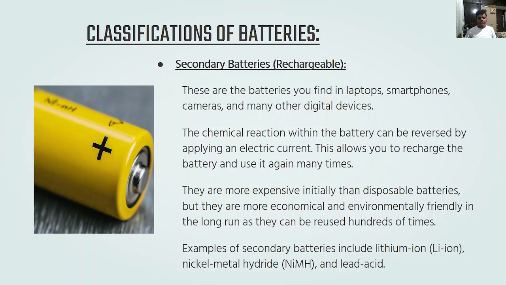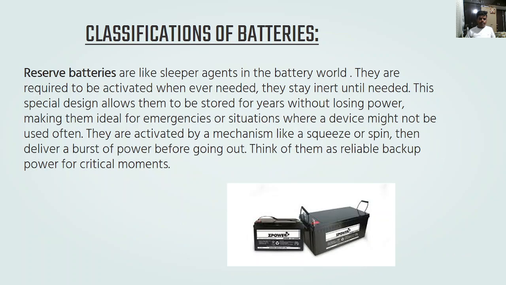This allows you to recharge the battery and use it again many times. They are more expensive initially than disposable batteries, but they are more economical and environmentally friendly in the long run, as they can be reused hundreds of times. For example, secondary batteries, which are rechargeable batteries, include lithium-ion, nickel metal hydride, and lead-acid batteries.